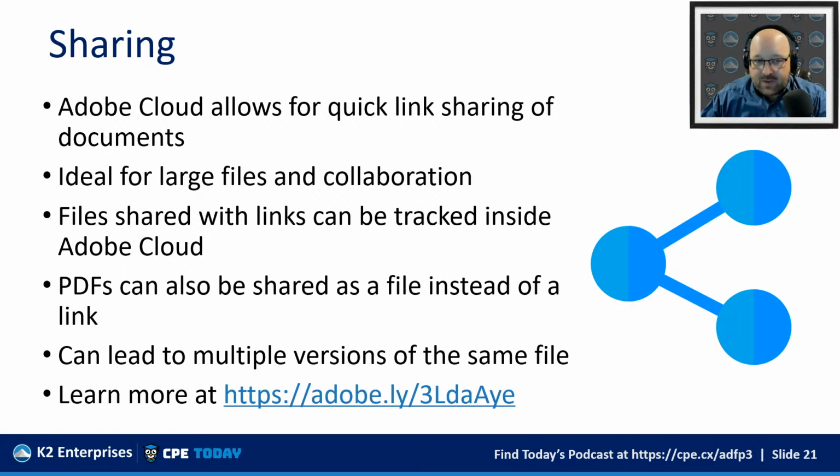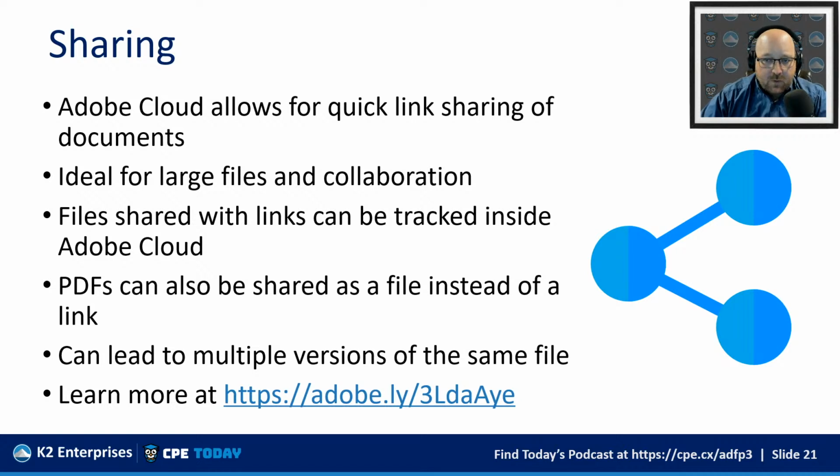They can download the document. They can view it online. This is really useful for big PDFs, really useful for collaboration and more. And you can track consumption and utilization of those links. So you can send something to somebody and know if they actually interacted with it or consumed that information. So that's kind of cool.